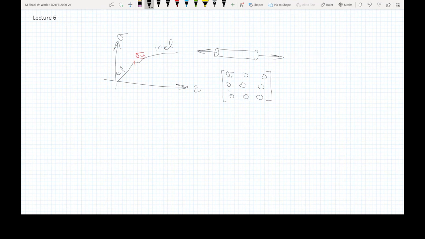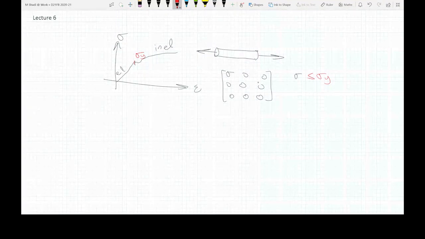Now this is quite comparable. I'm using the first failure criteria. You can compare sigma should be smaller than sigma y, and this is called the Rankine criteria. You can validate this criteria by just comparing the single stress you have in there to the sigma y.